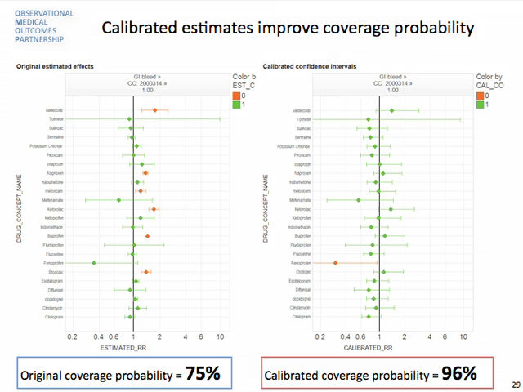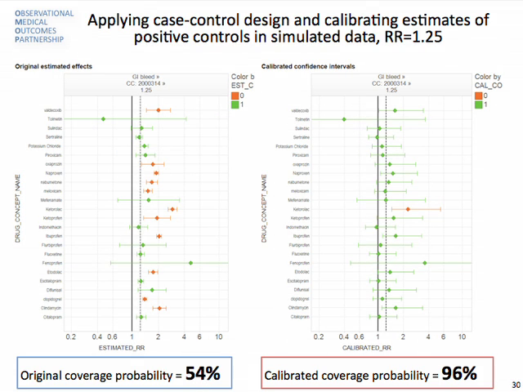Now, this was kind of an easy case. We didn't inject a signal. The nominal value was 1. So again, applying the same heuristic, adjust for bias, stretch out due to variance. What is observed when we look through the signals that we did inject? Well, when we inject a 1.25, you can see that it was positively biased on the left-hand side, and yet now those confidence intervals are stretching out on the right-hand side.